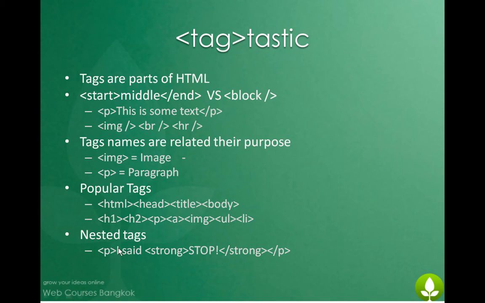Okay, here is the start. Middle, end. But inside we have another one, strong, start, middle, end. So this tag here is nested inside this one. It's inside. Okay. Any questions? No. Cool.